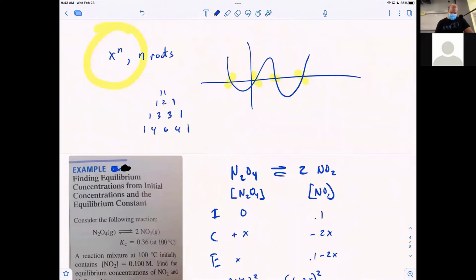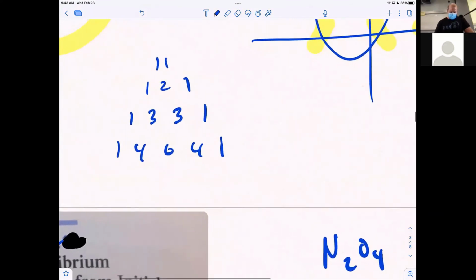You put ones on the outside, then you add the two numbers above to form the middle one: 2, then 3 and 3, then 4 and 6. So this is known as Pascal's triangle.